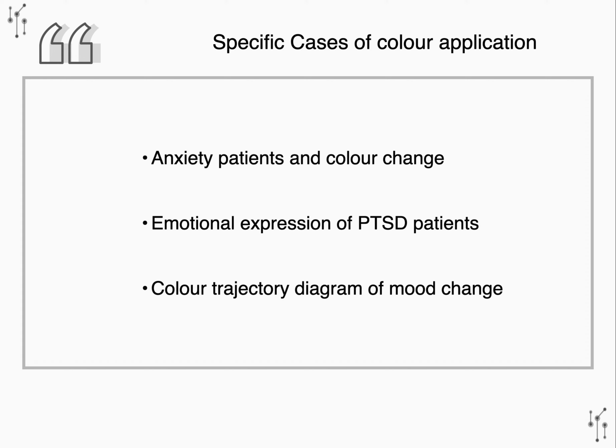Then, let's talk about the emotional expression of PTSD patients. For example, an adult suffering from PTSD began with a predominantly black and gray painting with stiff and aggressive lines. Through multiple sessions, he gradually used red to express anger, followed by orange and green, symbolizing inner awareness and harmony of emotions.